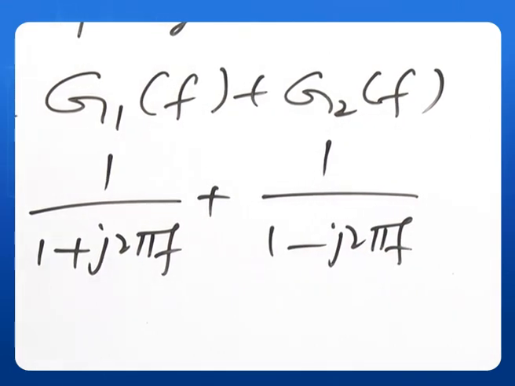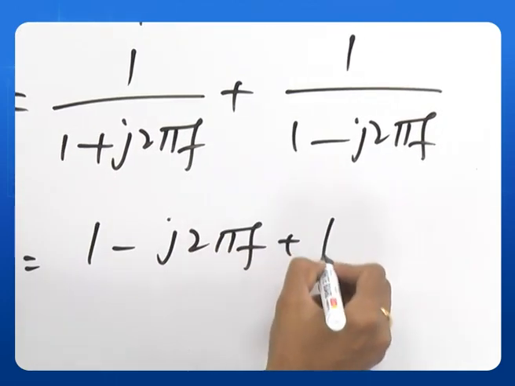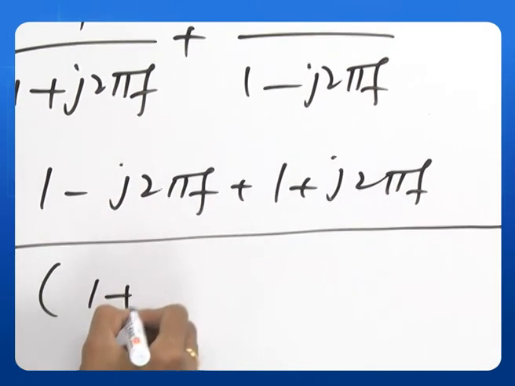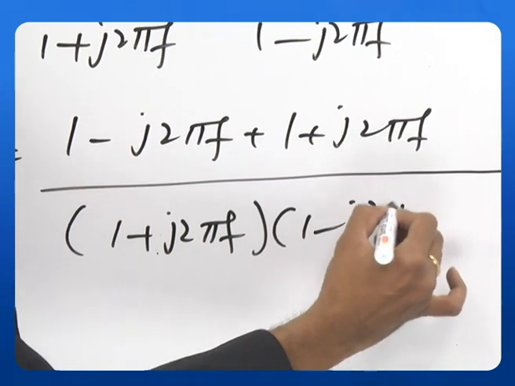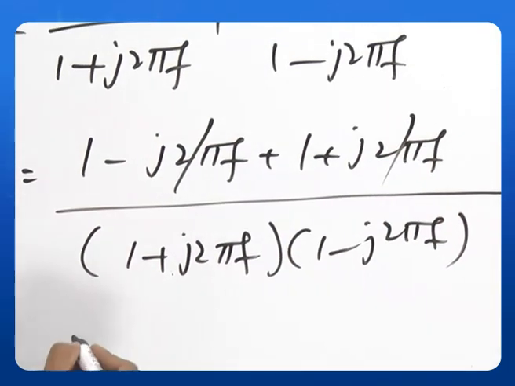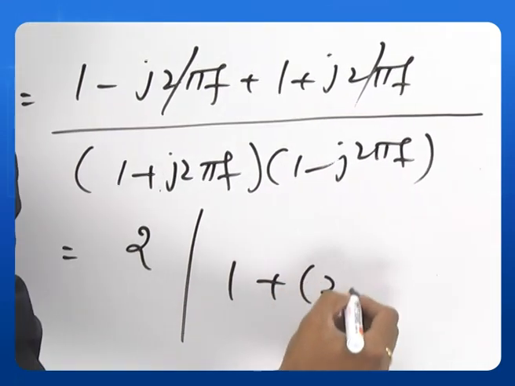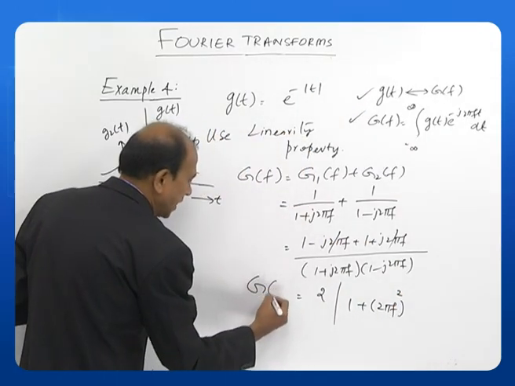Okay, let us take the LCM of this. So, this will be equal to (1 minus j2 pi f plus 1 plus j2 pi f) by (1 plus j2 pi f) into (1 minus j2 pi f). Okay. So, this will be equal to 2 by 1 plus (2 pi f) whole square. So, this is our g of f.